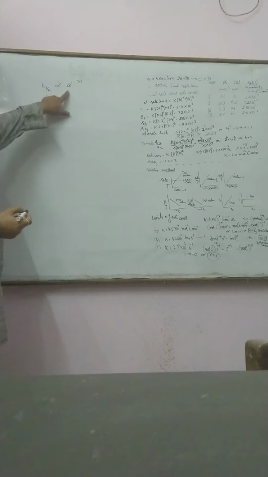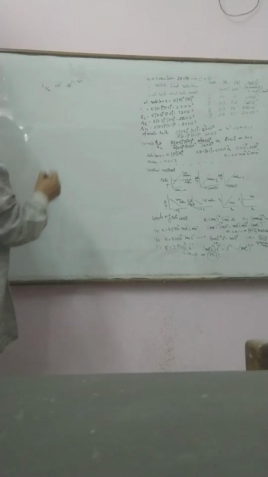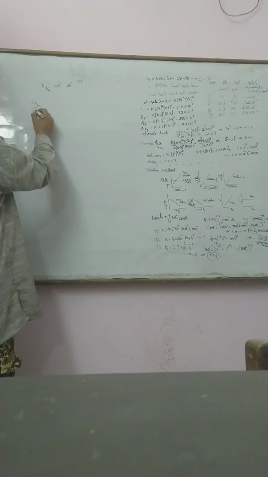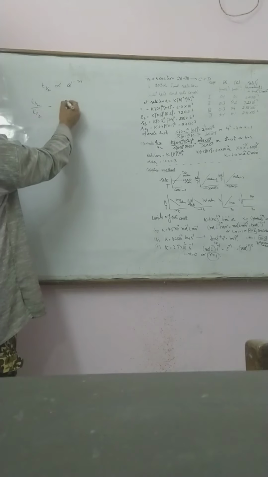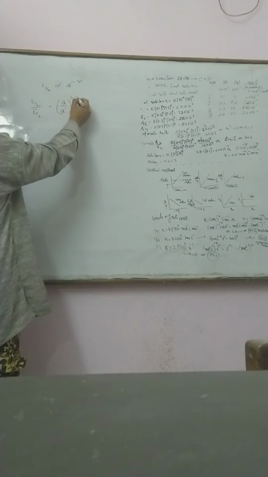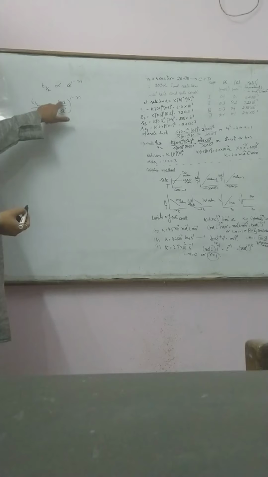The half-life period will change if we change the initial concentration of the reactant, and that depends on the order of reaction. So T half upon T dash half is equal to A upon A dash raised to 1 minus n. The proportionality constant will cancel. This is the initial concentration and this is the half-life period.